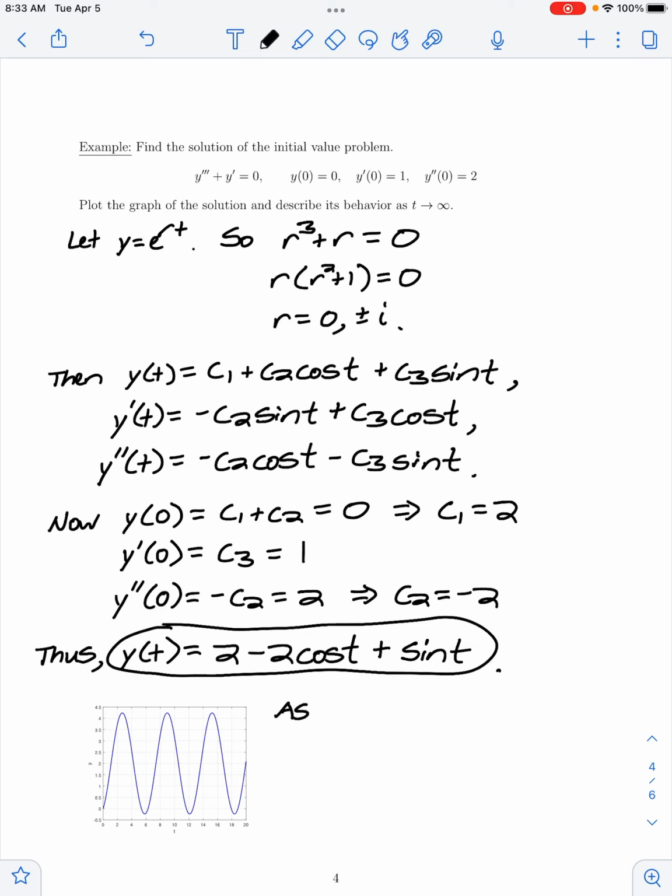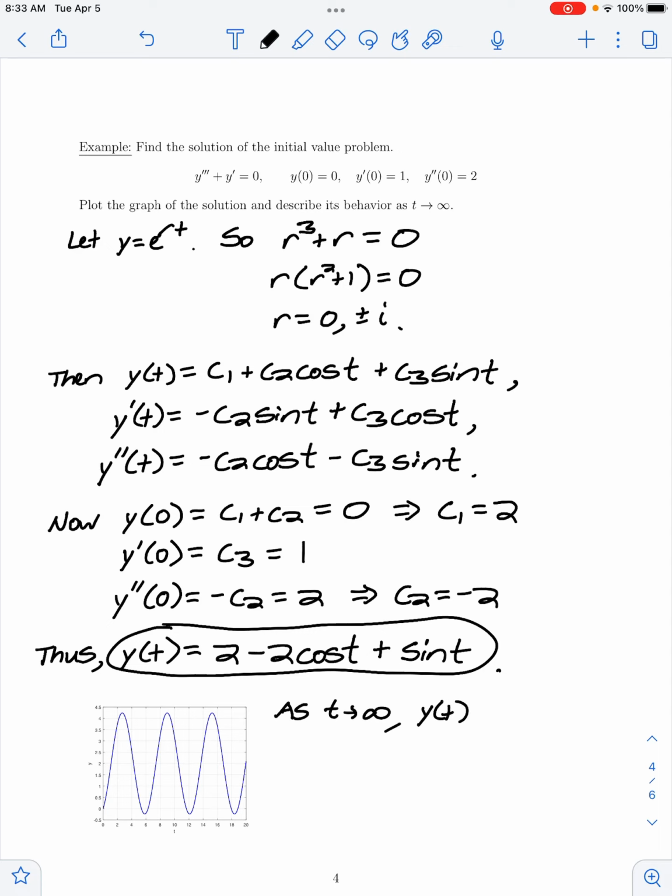So here, as t is increasing, we see that our solution y of t, because of the sine and cosine terms, will exhibit oscillations. And since our first term was a constant 2, the oscillations are going to be centered about y equals 2.